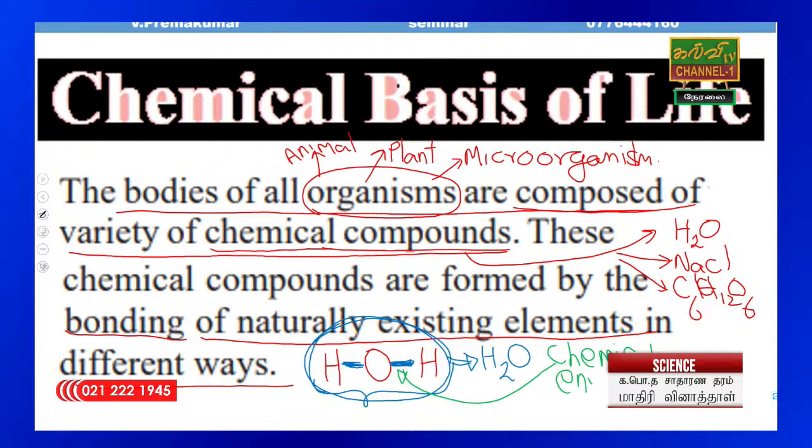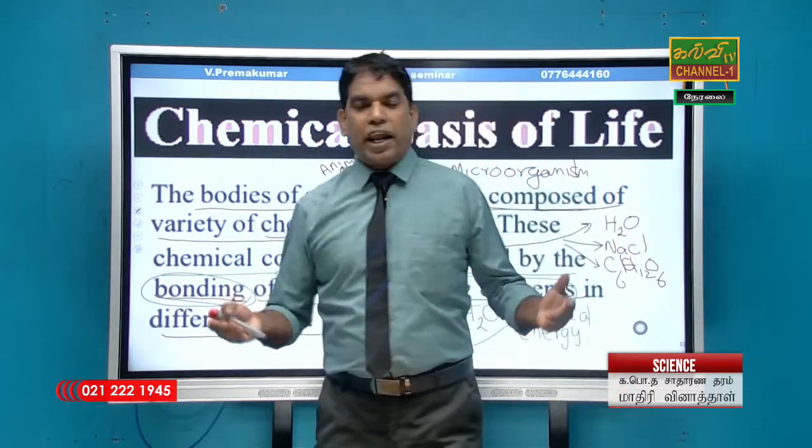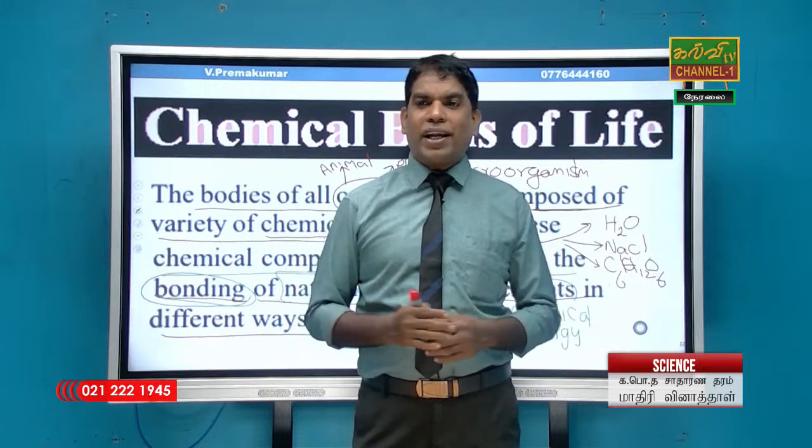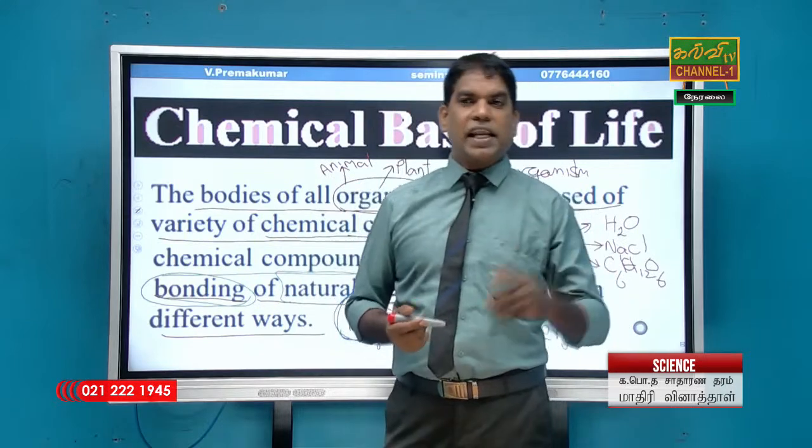This is chemical energy. So these chemical compounds are formed by chemical bonding, covalent bonds and ionic bonds. We will study later the bonding of naturally existing elements. In our environment, there are many elements you can find. For example, silicon: the mineral part of the soil contains silicon.